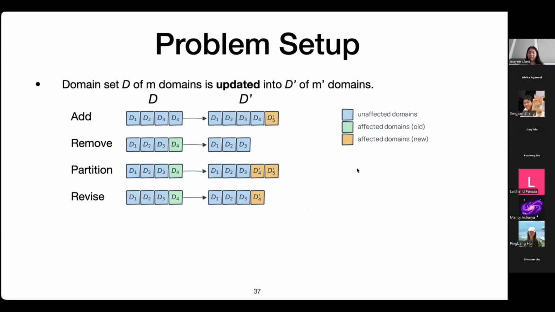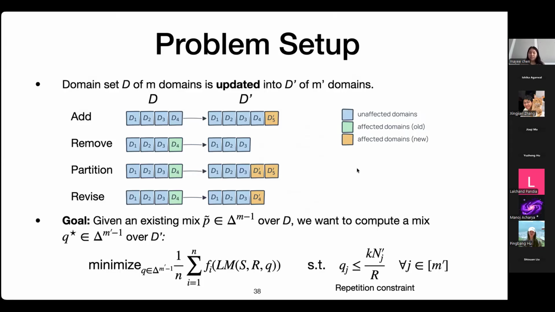We also have partition, where we take a data set and we're able to annotate it such that we now have finer grained categories. And lastly, we have revisions, which is when we replace an old version of a data set with a newer version. This could be filtering or rewriting or things like that.